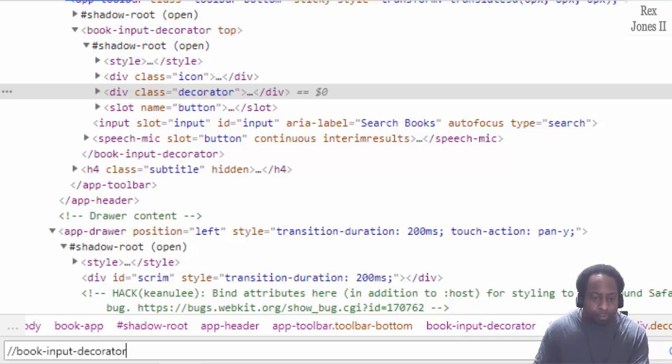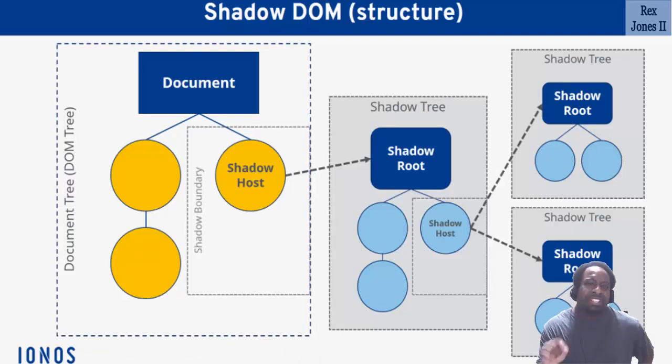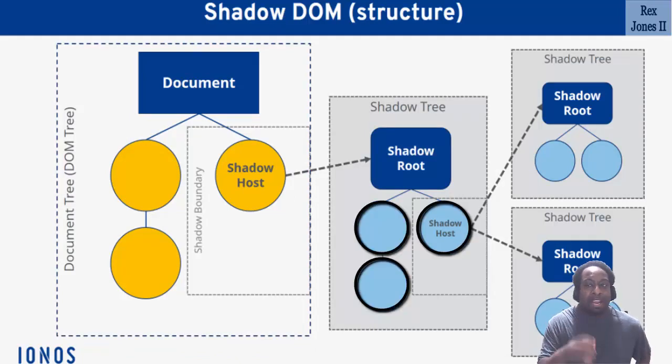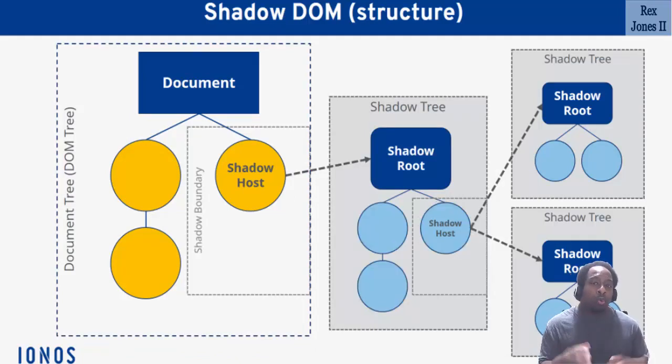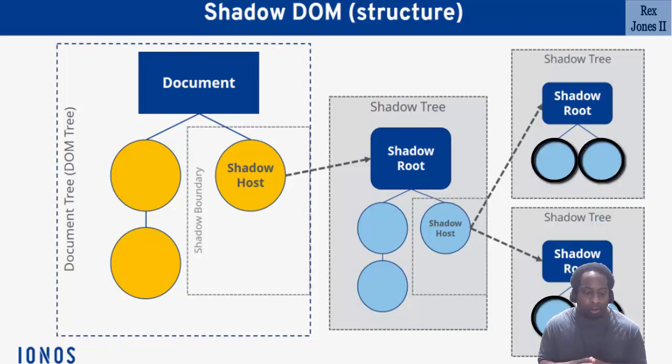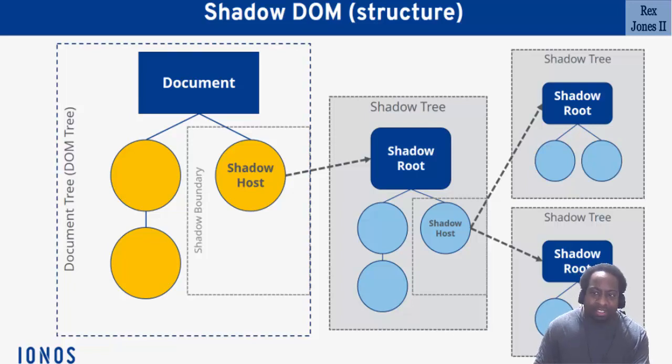From this diagram, we see how an element can be in one shadow DOM or within a nested shadow DOM. A nested shadow DOM is when a shadow DOM is located in another shadow DOM, something like the last 2 boxes. There are different ways to find an element inside a shadow DOM.